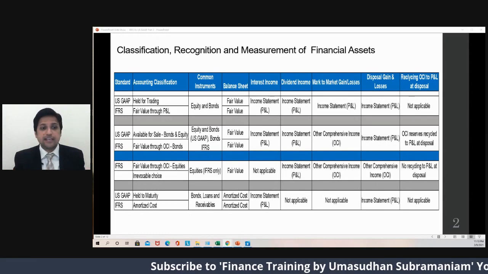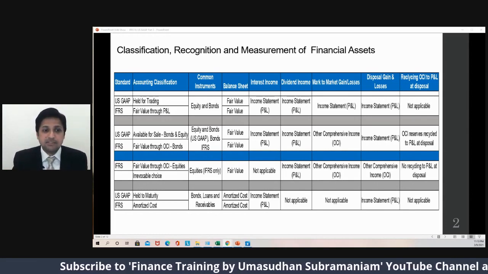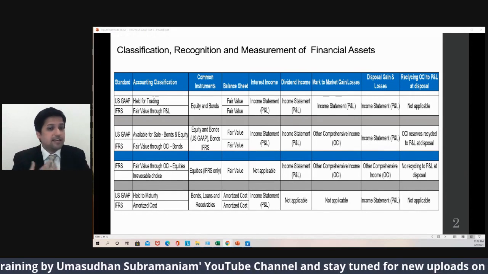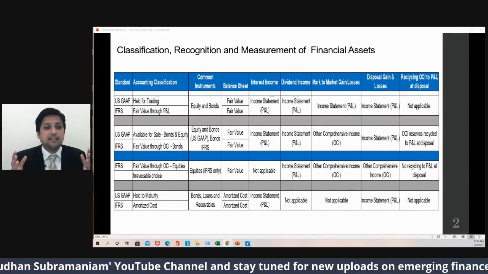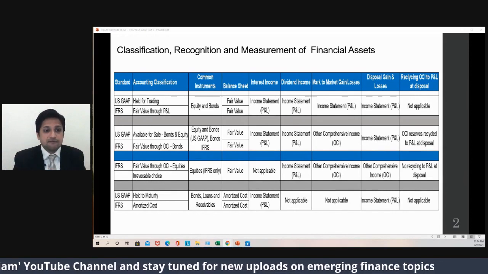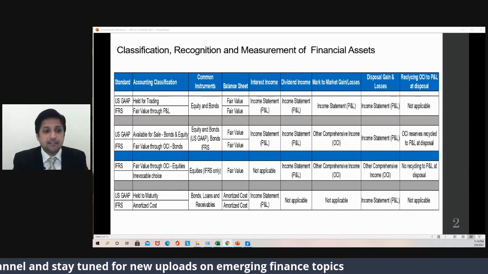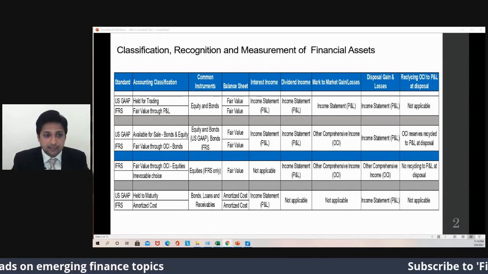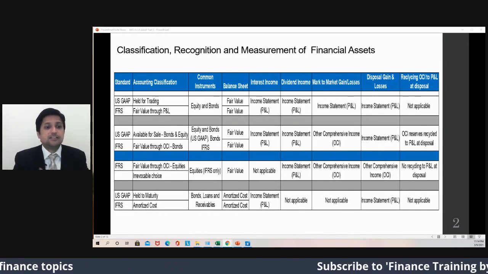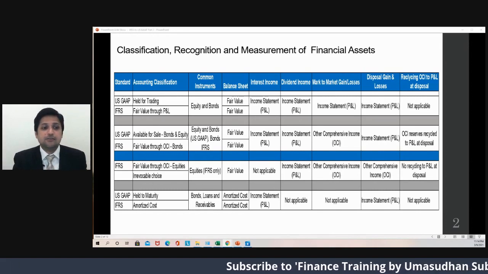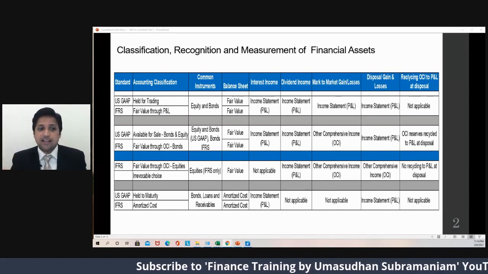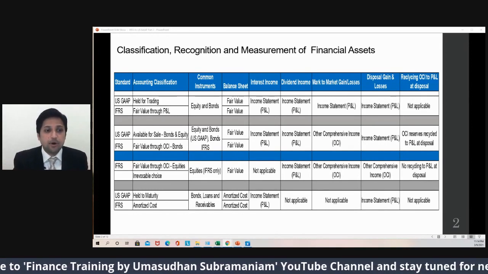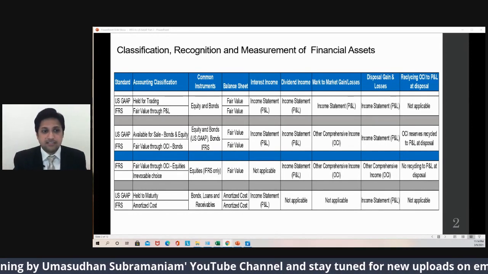Basically, the default category for equity investments in IFRS is the fair value through P&L, where most of the equity investments, the IASB wants to be classified under this category called fair value through P&L, where the fair value changes are taken to income statement, because they just don't want organizations to hide behind OCI, other comprehensive income statement, which is anyway not a very popular statement among investors.